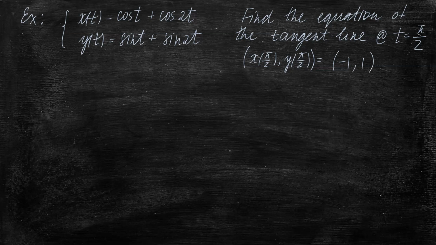And to find the equation of the tangent line, we're going to use the point-slope formula. So this is the formula that we're going to use. And we already found the x and y of the point. So the only thing left is finding the slope. To find the slope, we're going to use this formula.